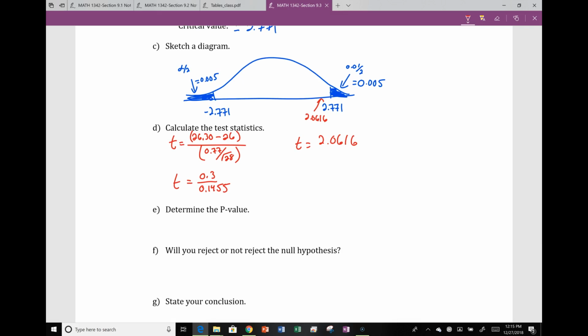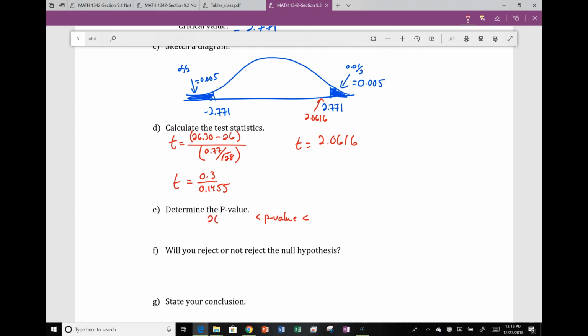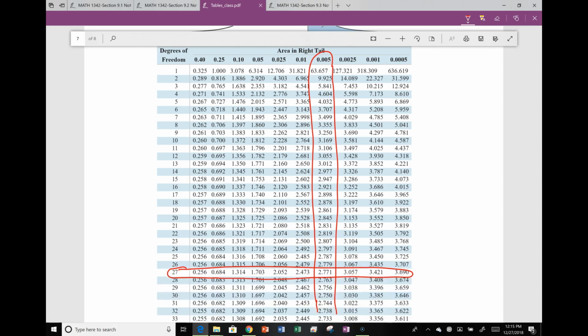Recall that this is a t-test, so the p-value will be between two values. This is a two-tailed test, so I'm going to have to actually multiply each of these values by 2. This is 2.0616. I'm staying on the 27 degrees of freedom line. I'm going to look up 2.0616.